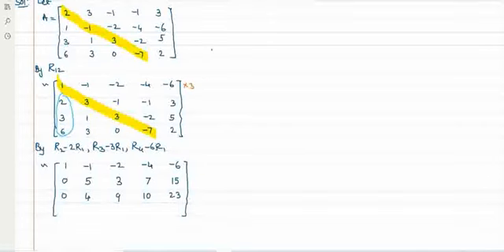Okay, verify the calculations. And next one you have to multiply it by 6 and their subtraction. 6 minus 6, plus 3 minus, 0 minus, -7 plus 24.